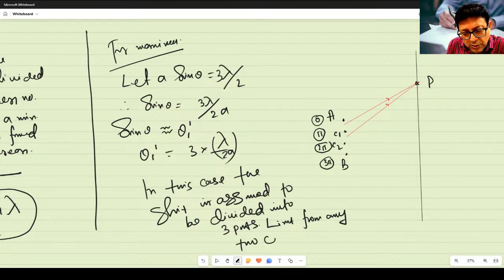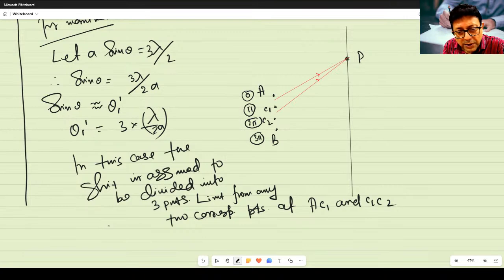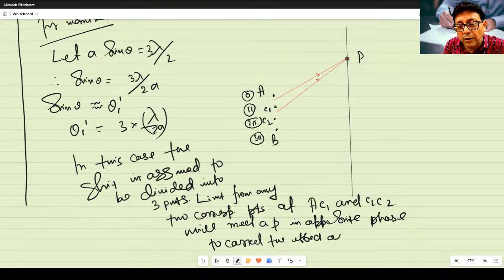Light from any two corresponding points of AC1 and C1, C2 will meet at P in opposite phase to cancel the effect of each other.